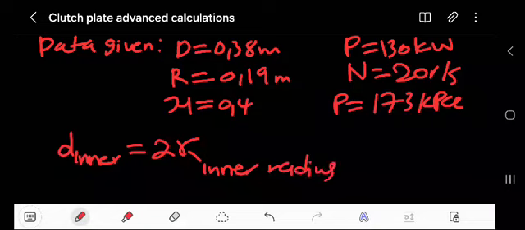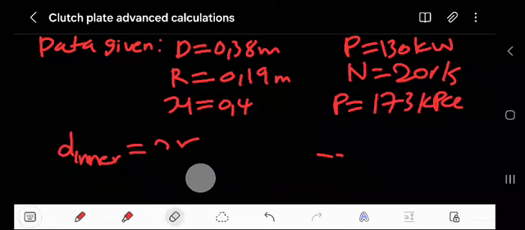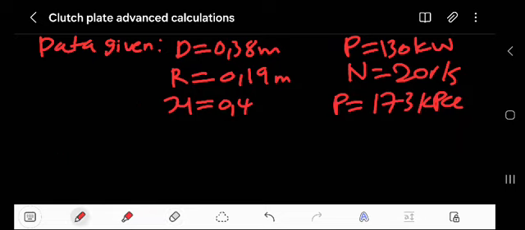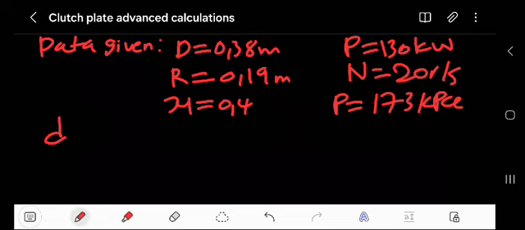So if you can calculate the inner radius, then our problem will be solved. Let us calculate the inner radius. The aim is to calculate inner diameter, which is 2 multiplied by r. So this is what we're supposed to find, this r there.